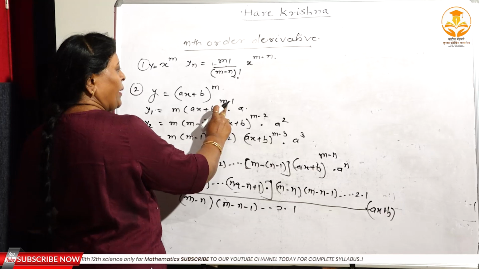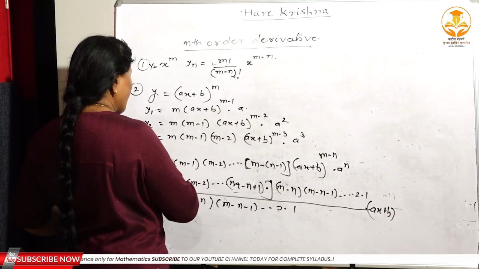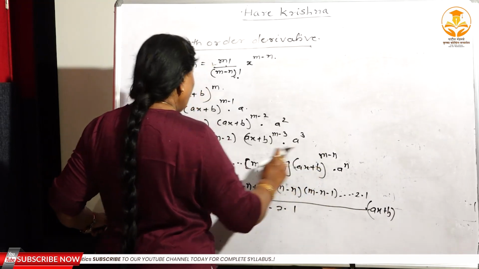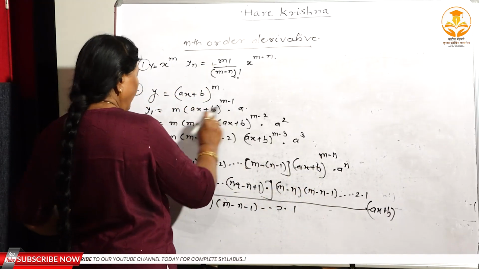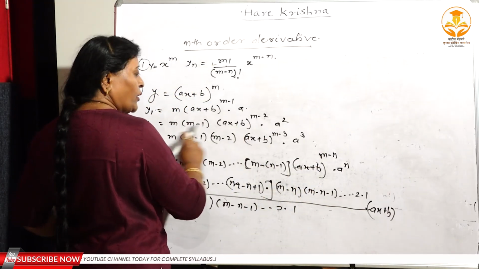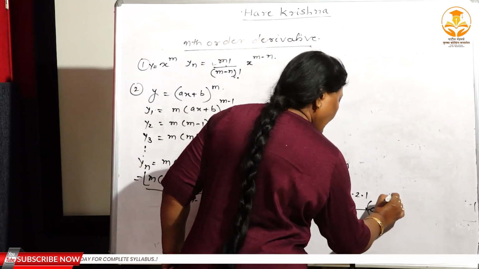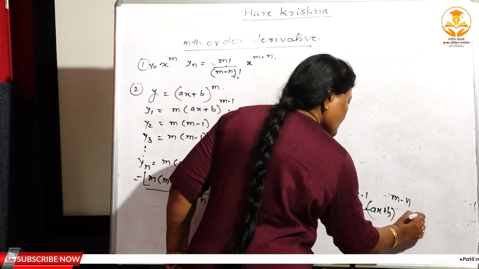Since the first order has m minus 1, second order m minus 2, third order m minus 3, nth order m minus n; first order a, second order a squared, third order a cubed, nth order a raised to n. Therefore here m minus n and a raised to n.